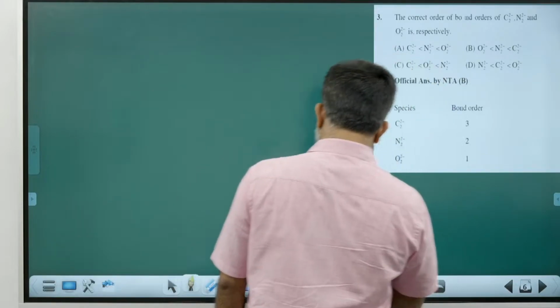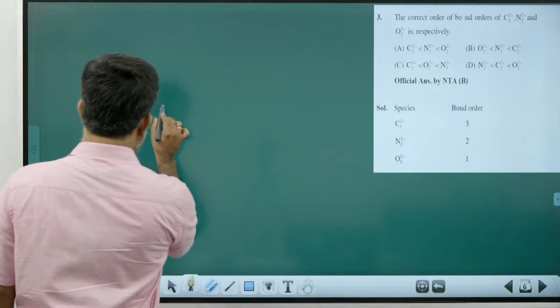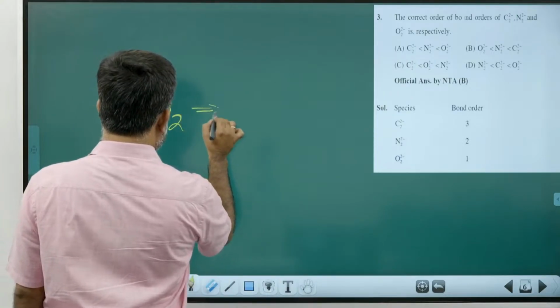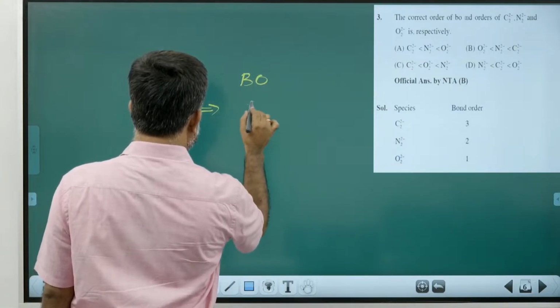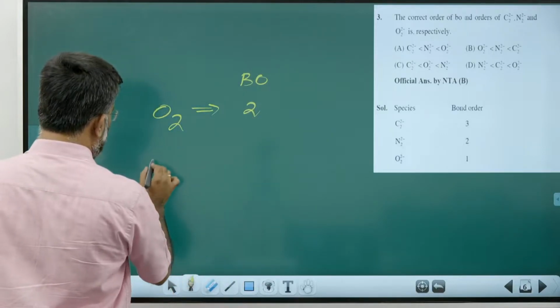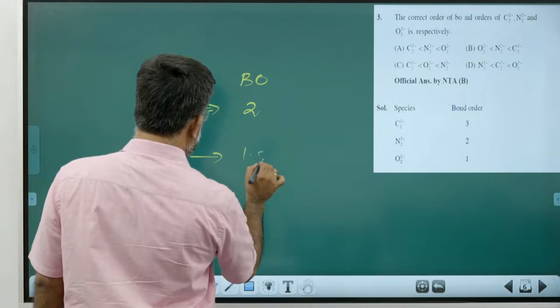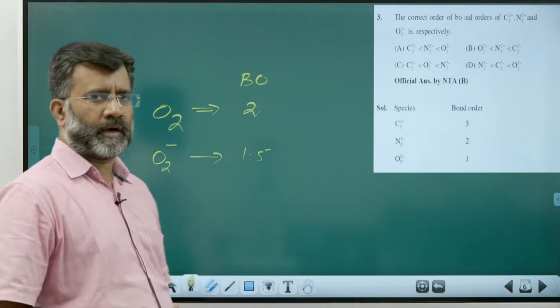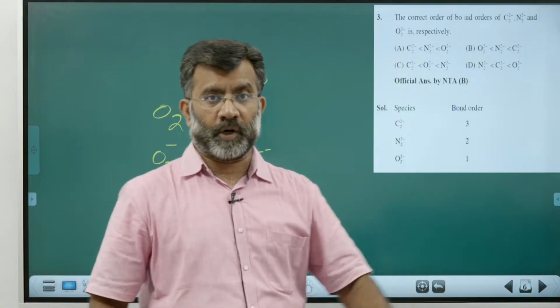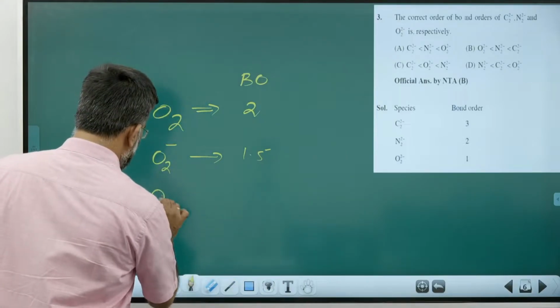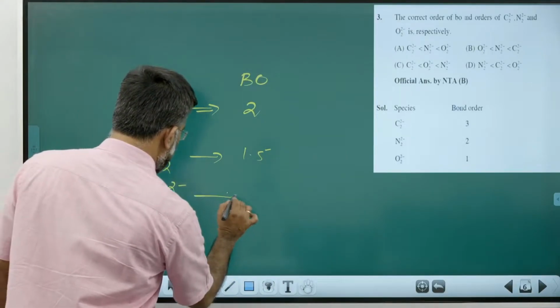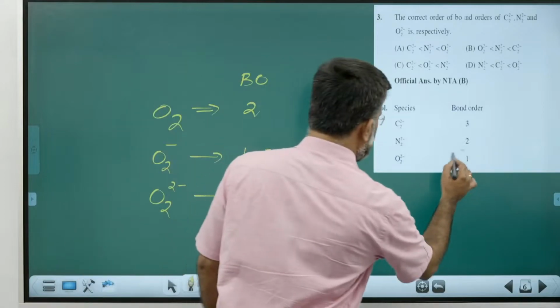Oxygen O2 bond order is 2, you know, right? Now O2 minus bond order will be 1.5, as the new electron entered into an anti-bonding molecular orbital. And O2 2 minus bond order will be 1, as you see here.